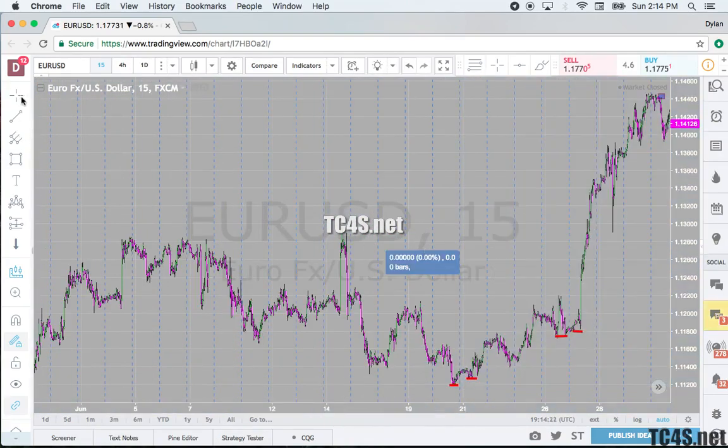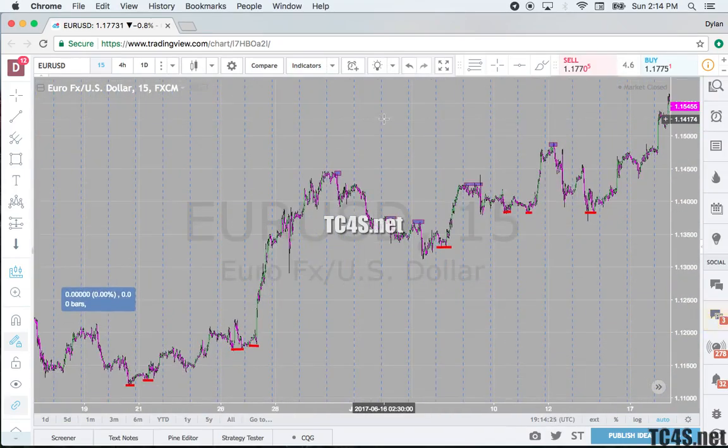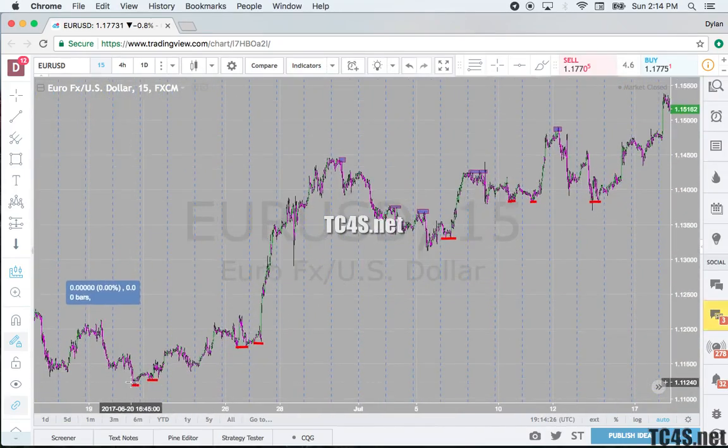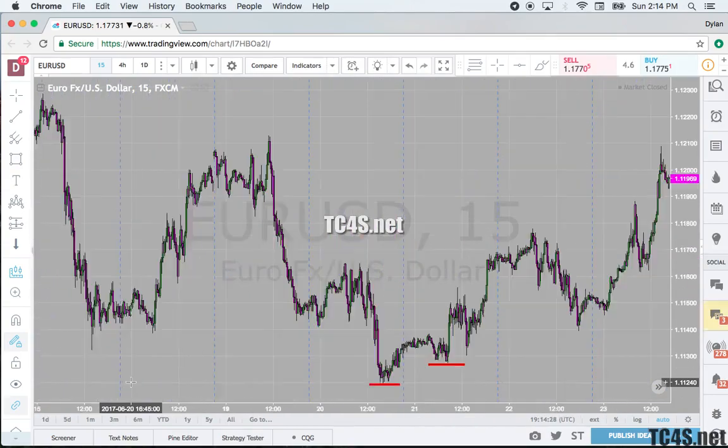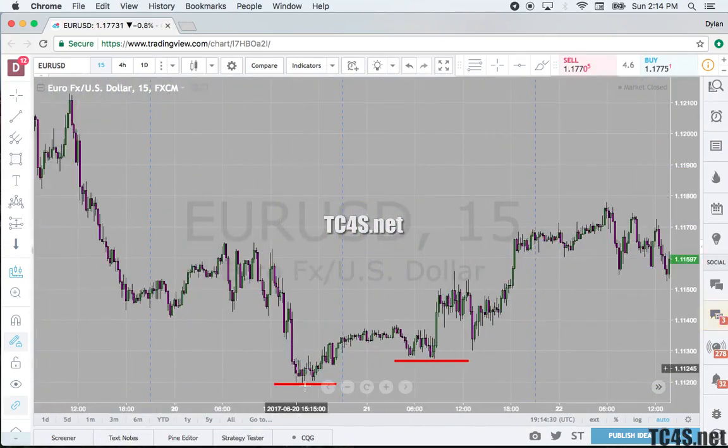So that's 760 plus pips that if you caught it right here and just kept adding on to these W formations that occurred either London session or New York session as well.